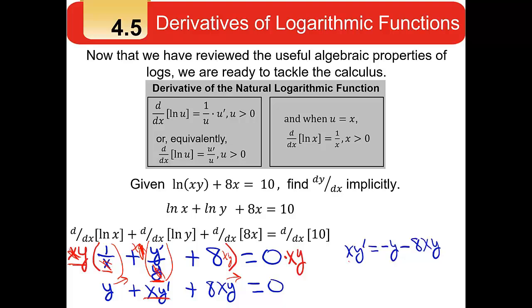And then I want to divide by the x, so I get y prime by itself. If you divide both sides by x, you end up with y prime equals a fraction. The numerator is minus y minus 8xy, and the denominator is x. It's not so bad if you understand the basics and you don't forget the things you learned earlier, and you can follow them forward.